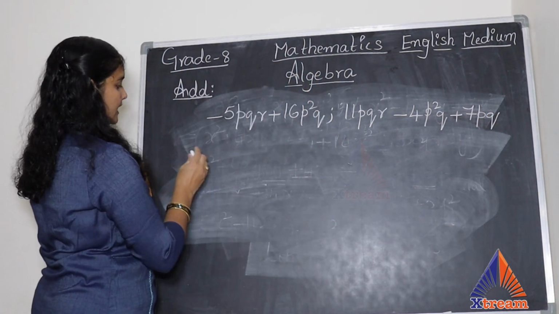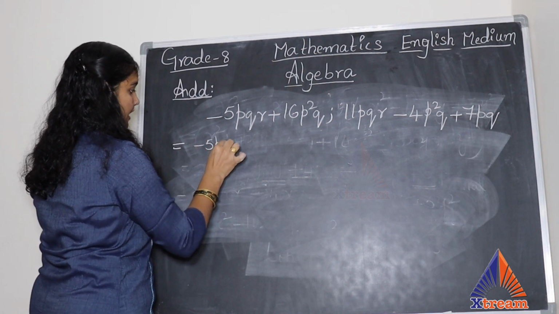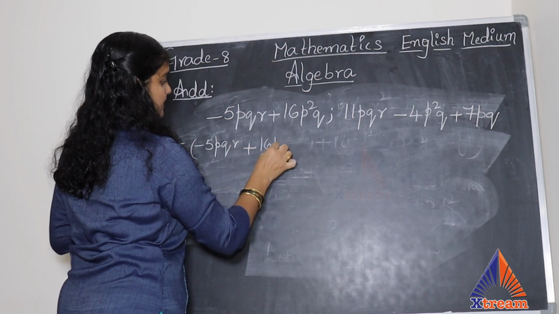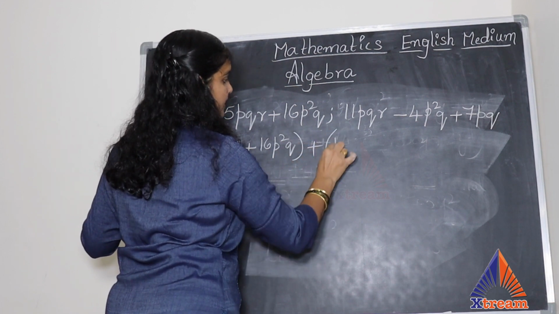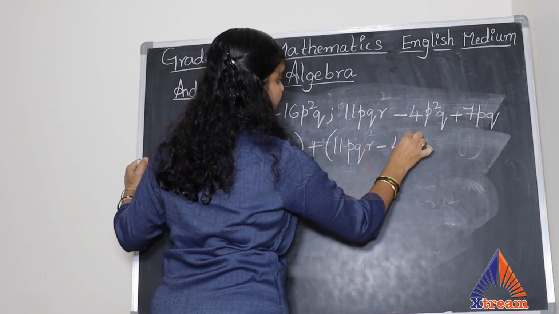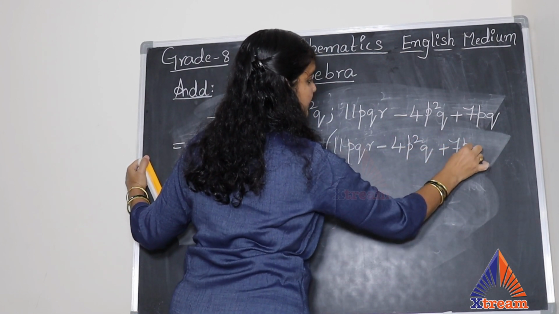Now these two again we will connect with addition. Minus 5PQR plus 16P square Q added to 11PQR minus 4P square Q plus 7PQ.